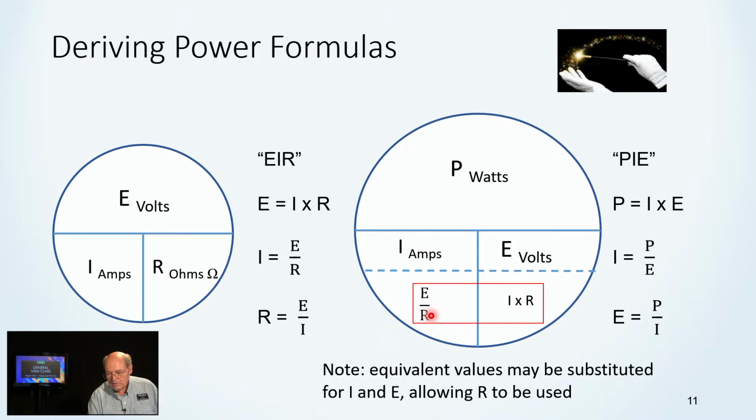Now we've got an R that we can use. Now E is the same as I times R. See that over here? E equals I times R. And we can substitute these equivalent expressions for what we know as I and E.